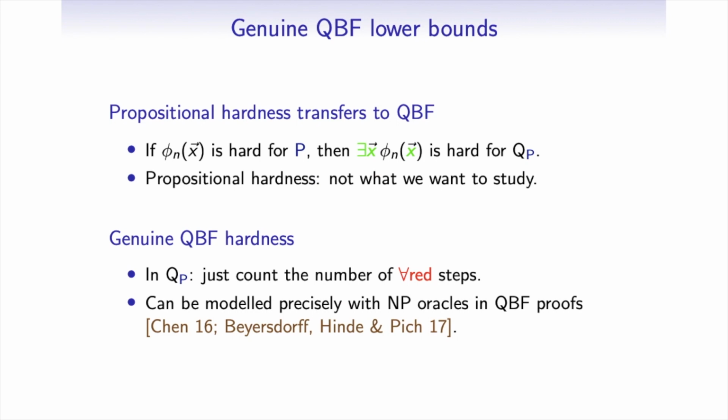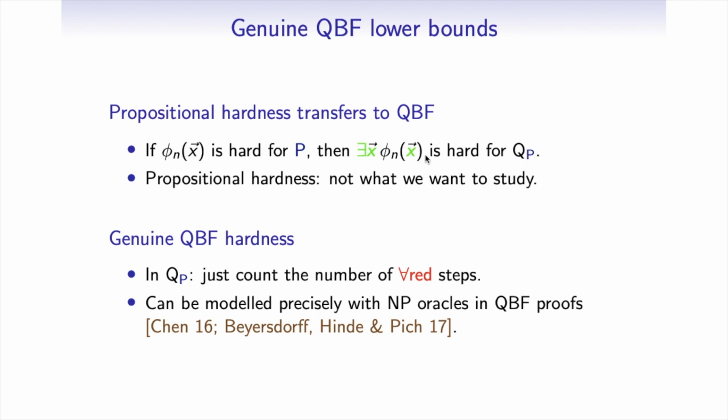So this is all nice. We can generate all of these QBF proof systems from propositional proof systems, but there's something that we want to avoid, and that's propositional hardness. So the thing is, if we have something which is hard for P, so we have some propositional lower bound here, this phi of n, then all we need to do is quantify everything existentially, and we get a lower bound for QP.